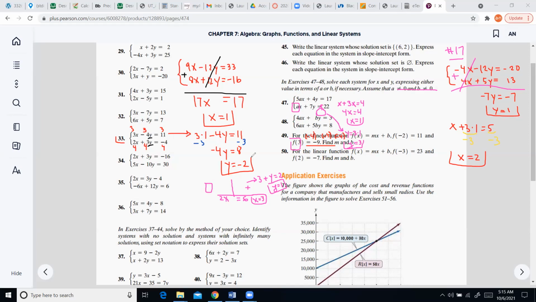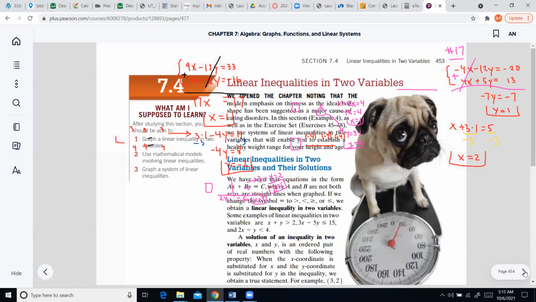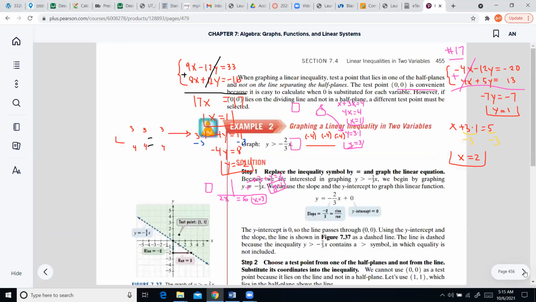Solving systems of equations is the topic of this story. And as I promised, I'm going to move and take a little look at the last section that we want to consider for this class, section 7.4, with the inequalities put in the same system.